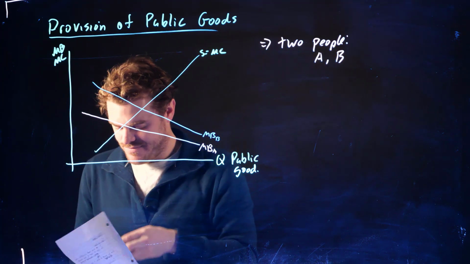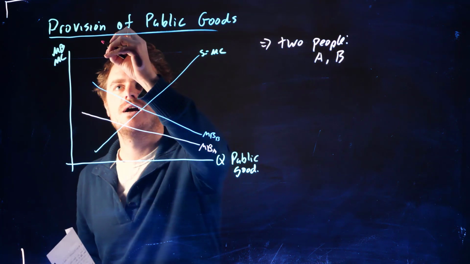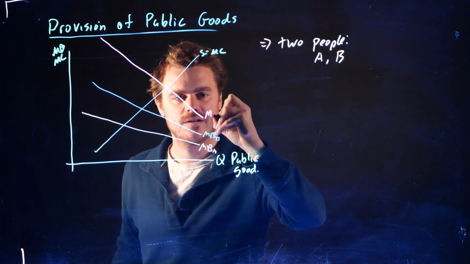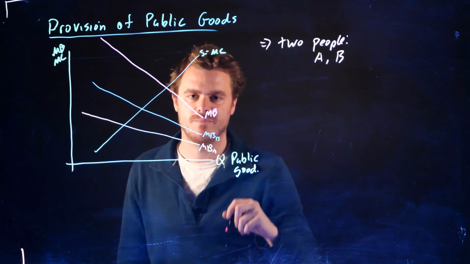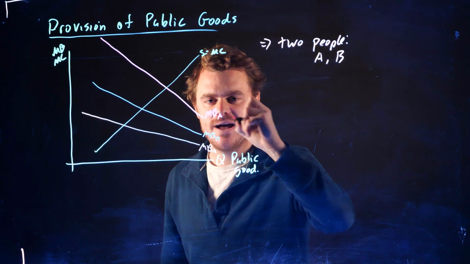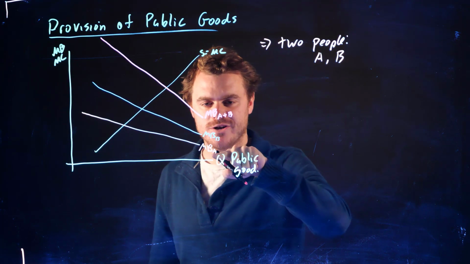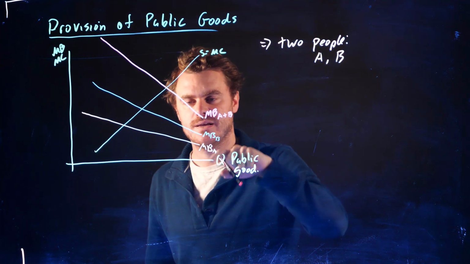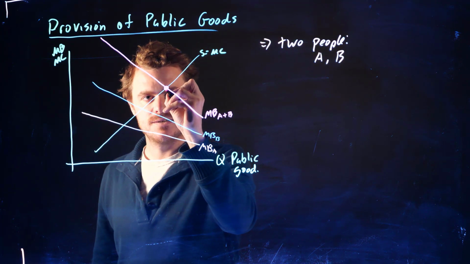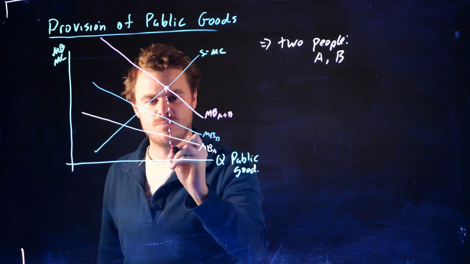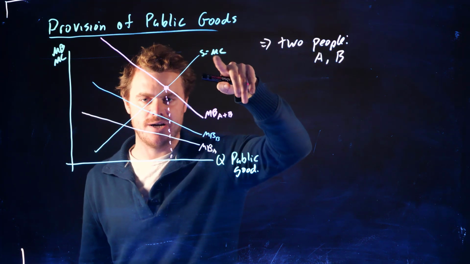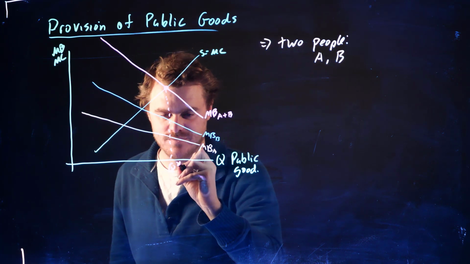Let's use a different color here. Here's our society's demand curve, or marginal benefit curve, for this public good. That's the marginal benefit of person A plus the marginal benefit of person B. Where these two marginal benefits added together equal the marginal cost of production of this good, that's the amount that we should be supplying.